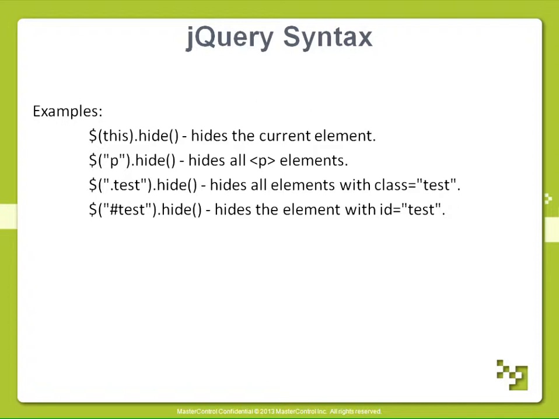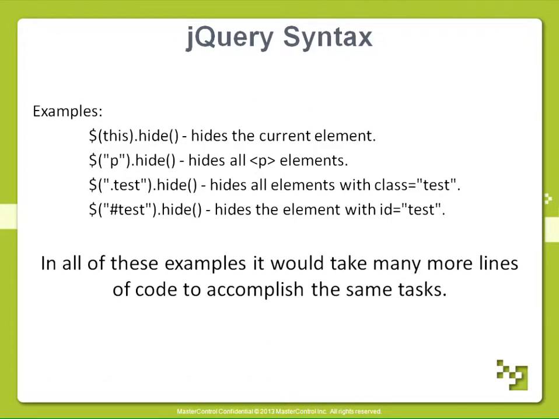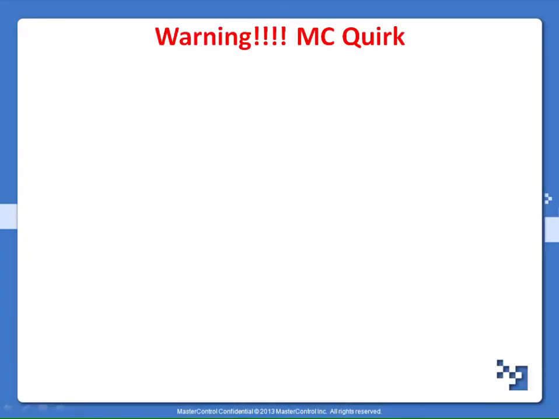If you've built a master control form before, you know that all of your fields, your input tags, your select tags must have an ID, so you can specify a specific field to perform that action. In all of these examples, it would take quite a few more lines of code to do all of this than it would with jQuery, and that's why we like jQuery.